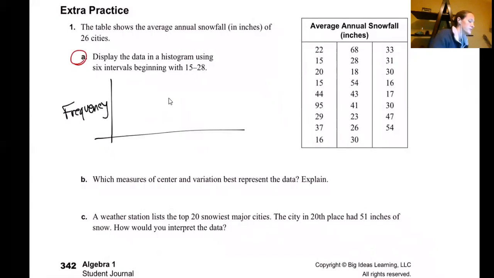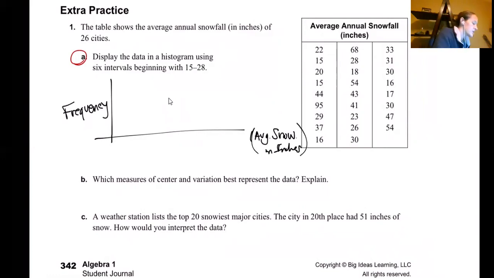And if that's frequency, what is it that we're actually measuring? Aren't we actually measuring the average annual snowfall in inches? So this is going to be right down here. We can put average snowfall. If you want, you can put the units, that's never a bad idea, in inches. Okay.